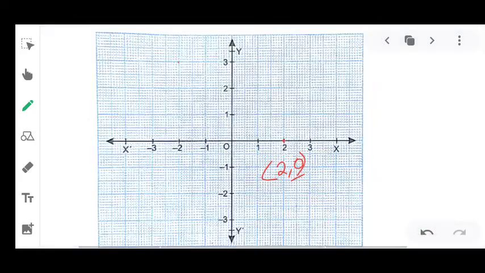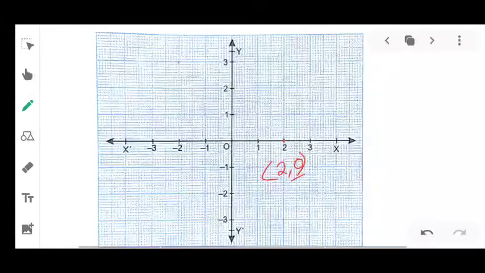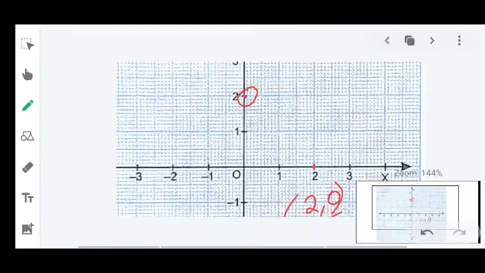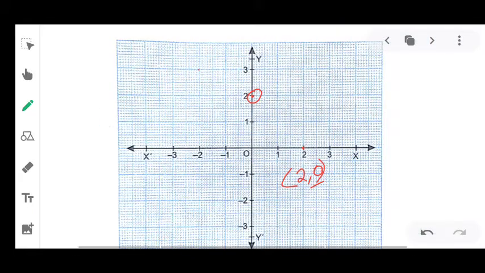Like that, if you want to find out the coordinate of a point which lies on the y-axis, then its abscissa or x coordinate will be 0. That means the coordinate of this point will be 0 comma 2. Clear?